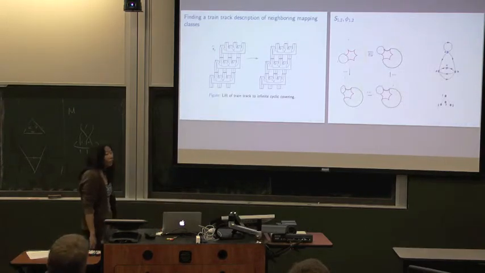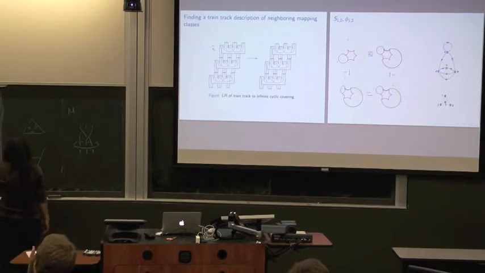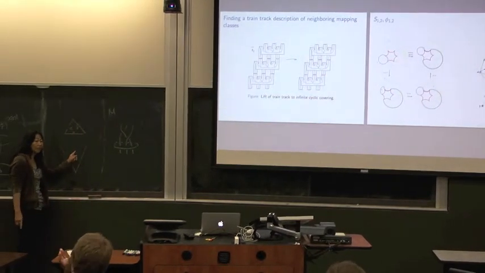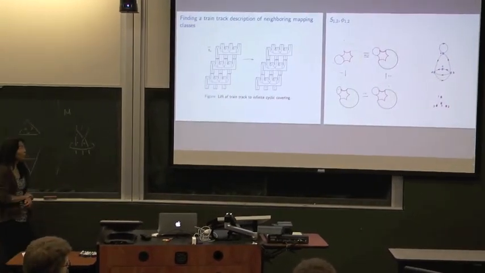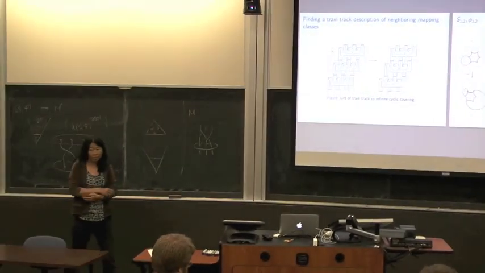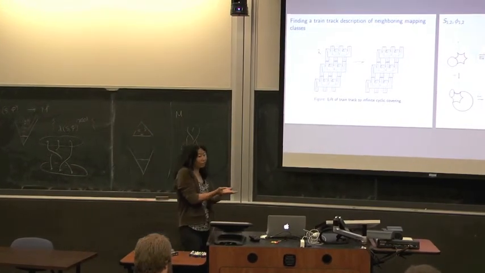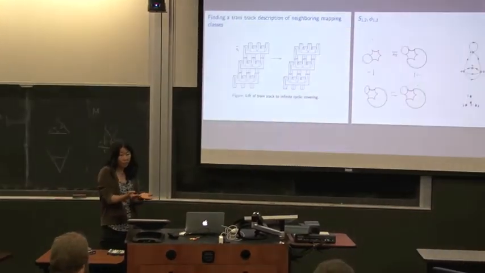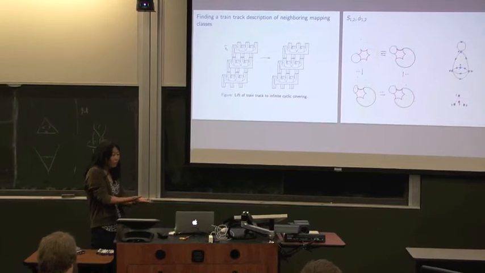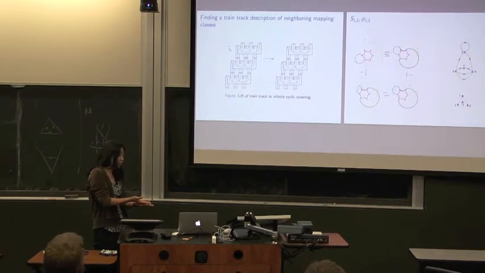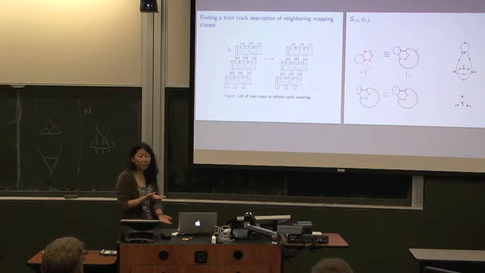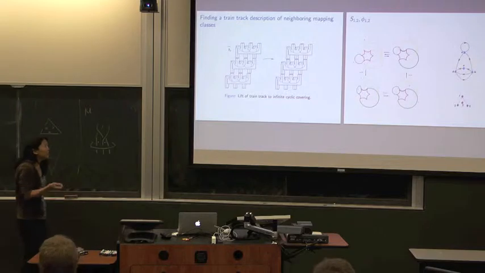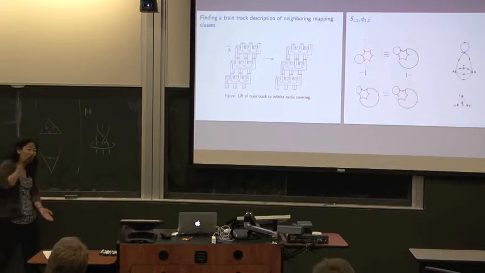So now how do we find the train tracks for these neighboring points, the deformation? I think Spencer talked about this: you take the surface and look at the invariant homology, and that determines an infinite cyclic covering, or a Z to the first Betti number minus one covering.